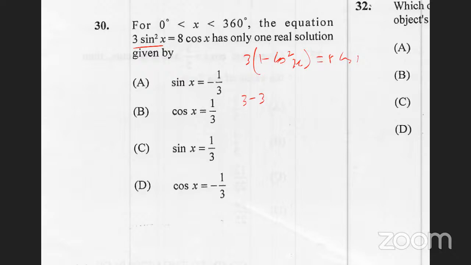So that'll be 3 minus 3 cos squared x minus 8 cos x equal to 0. If you multiply by -1, you will get 3 cos squared x plus 8 cos x minus 3 is 0. You can go to your calculator and solve that.